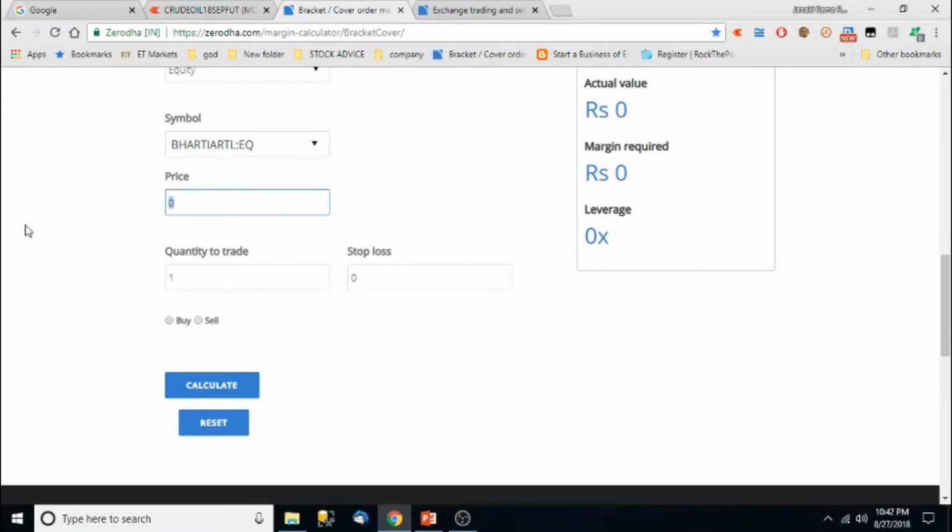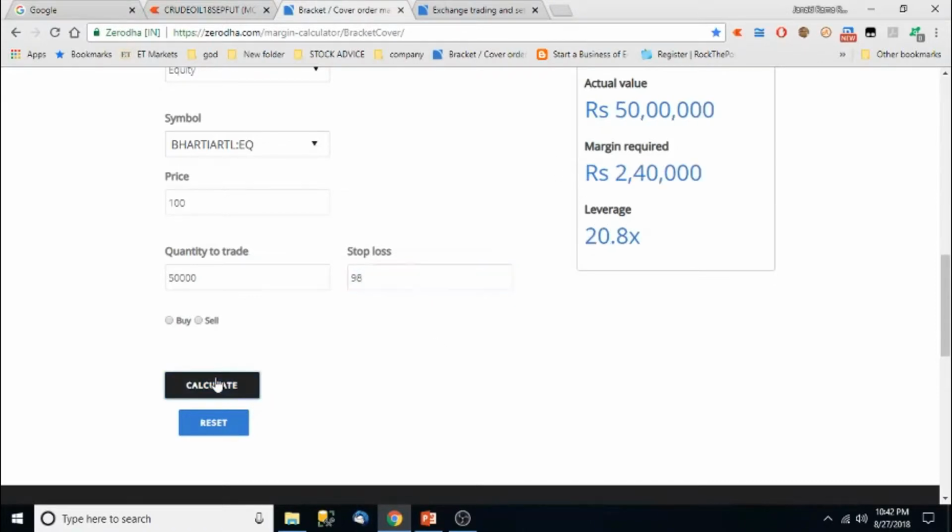Let's say the shares are 100 rupees, and for quantity, let's take an example of 50,000 shares. Here we have to mention the stop loss, how much we are willing to lose. Let's say 2 rupees.